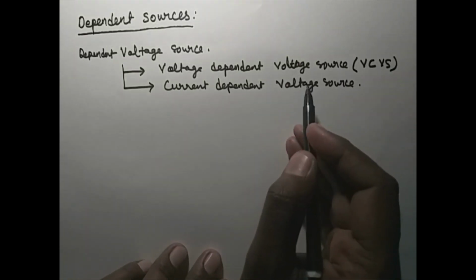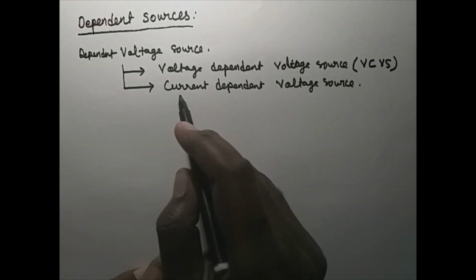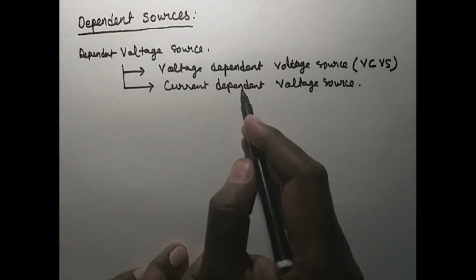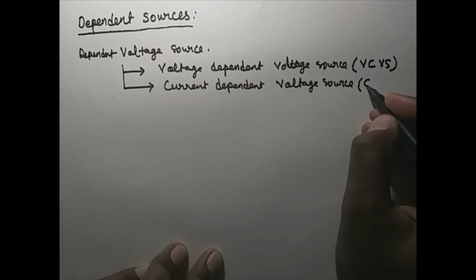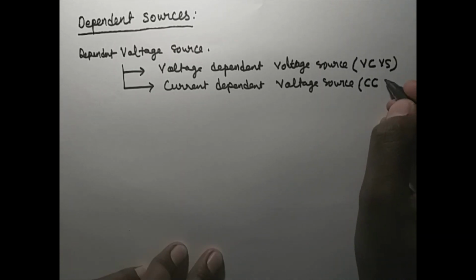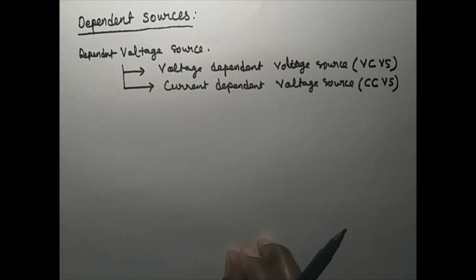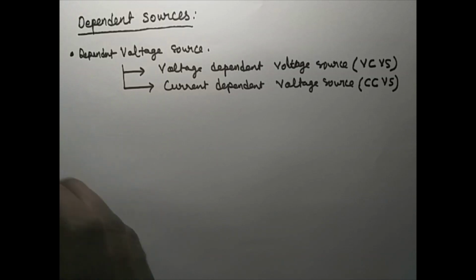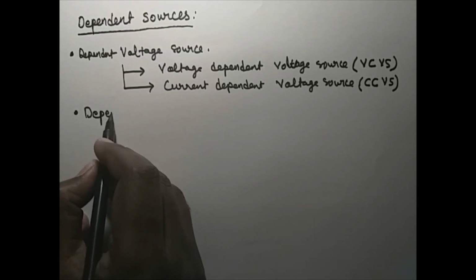And similarly, if the voltage of a dependent voltage source depends upon the current in some other part of the circuit, then this type of voltage source will be a current dependent voltage source, means CCVS, current controlled voltage source. Similar to voltage sources, we have dependent current sources.